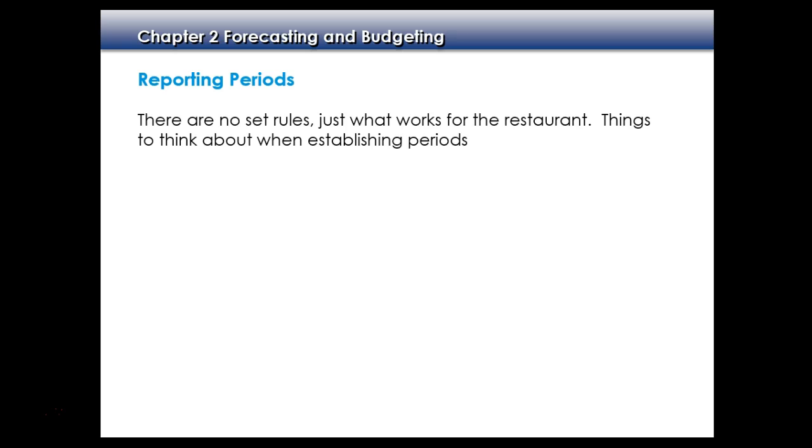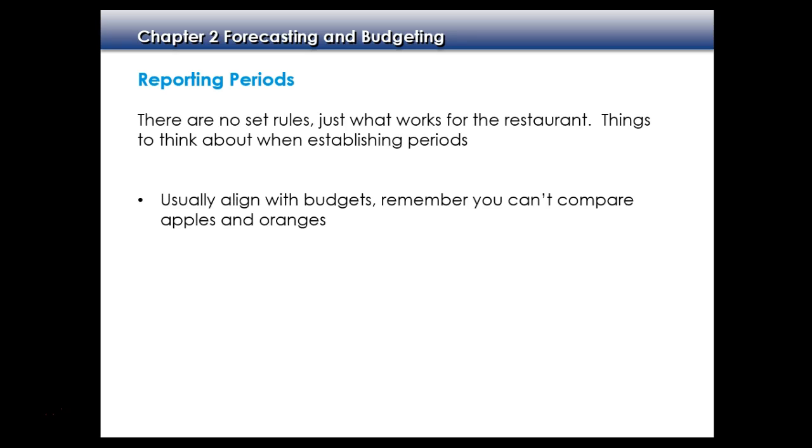So the reporting periods for when you want to do statements. There are no set rules. It's really just whatever works for you and the establishment. When making your periods, they usually align with your budgets. You want to have something to compare it to. Like I said, you don't want to be comparing apples and oranges.